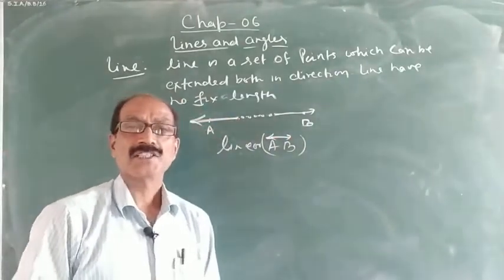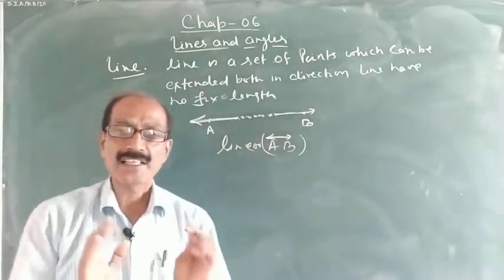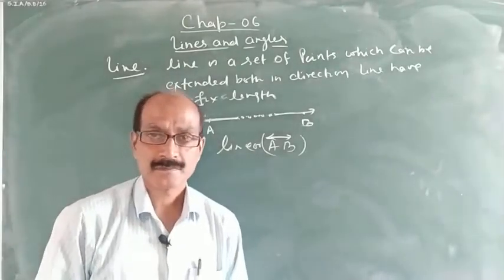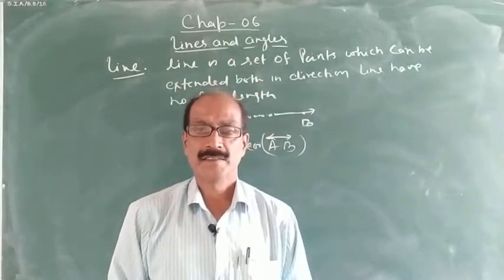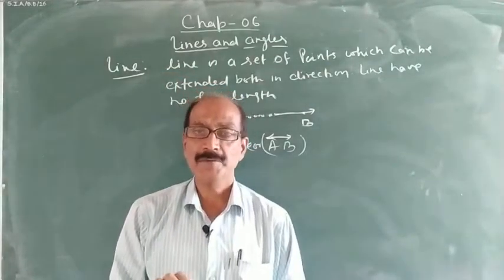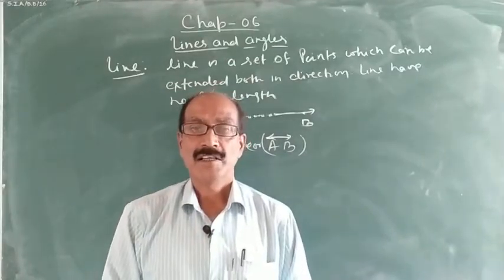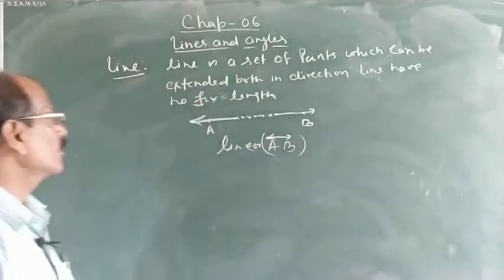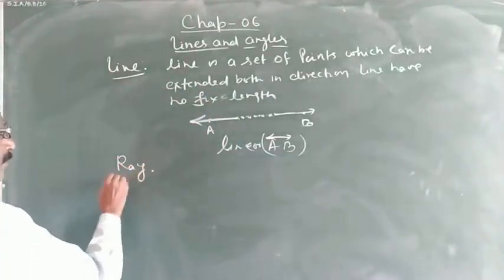Now the next topic is ray. What is a ray? A line having only one end point is called a ray. Now the next definition is ray.